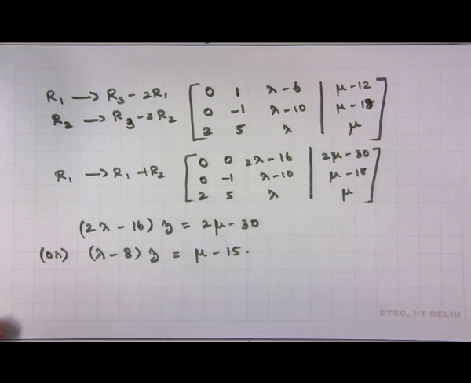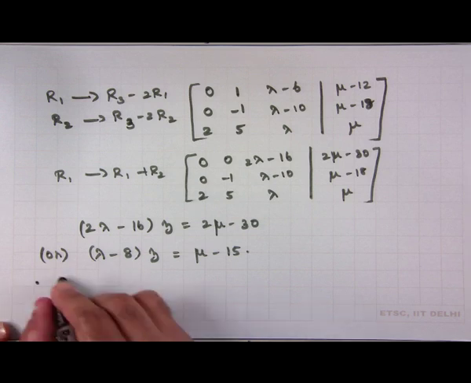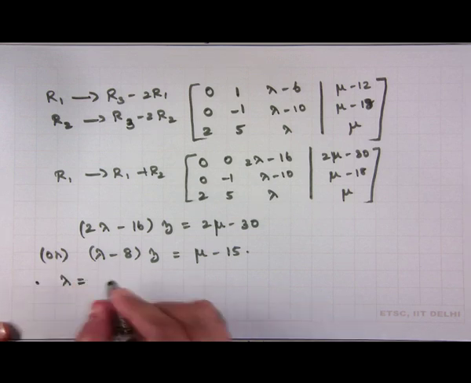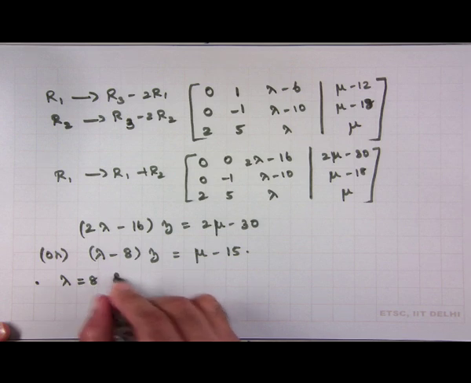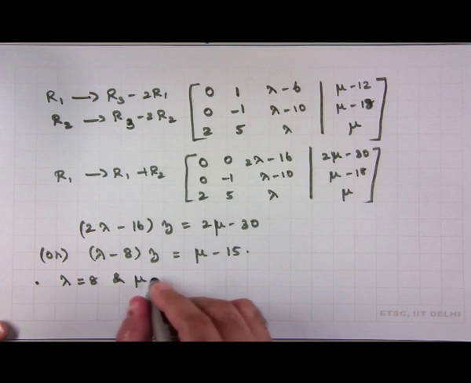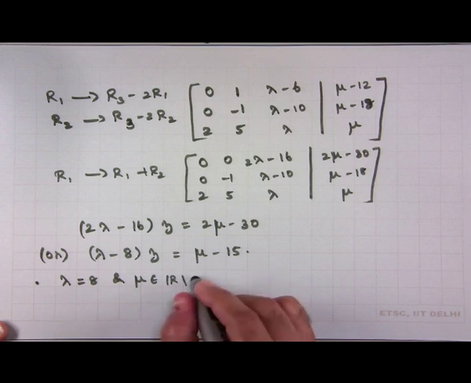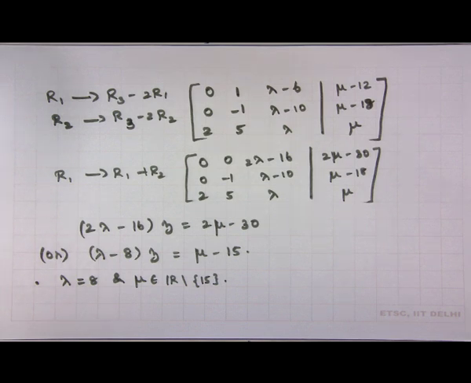Now, let us consider the following cases. Case 1, if lambda equal to 8 and mu is any real number except 15, then what will happen?